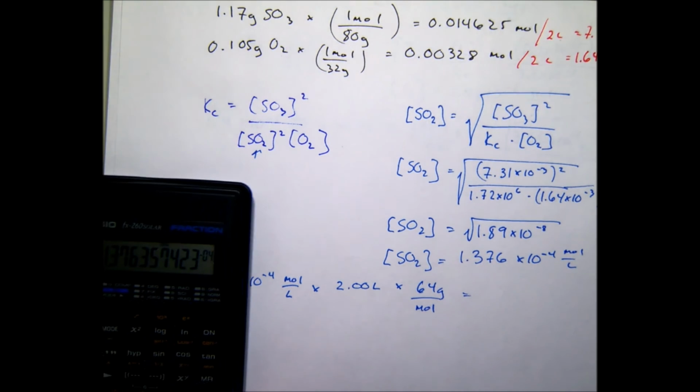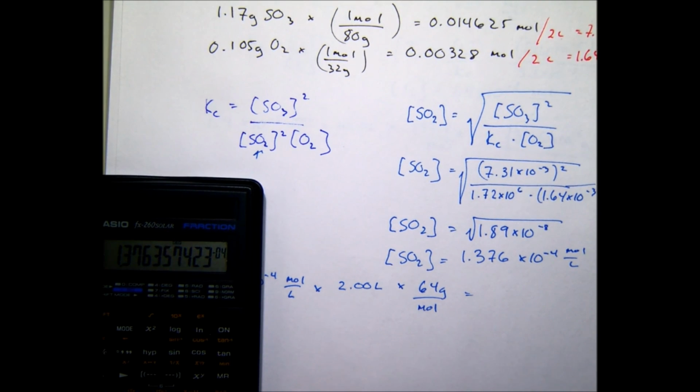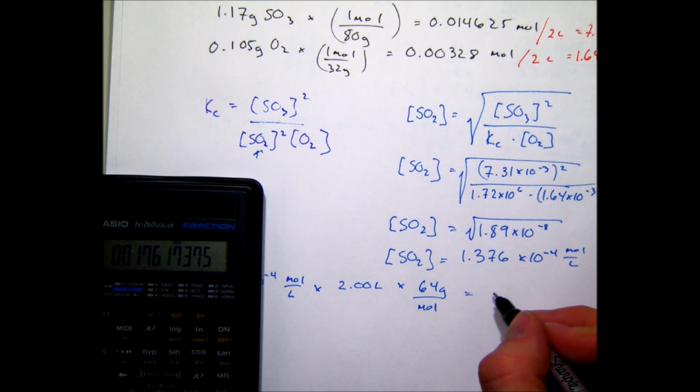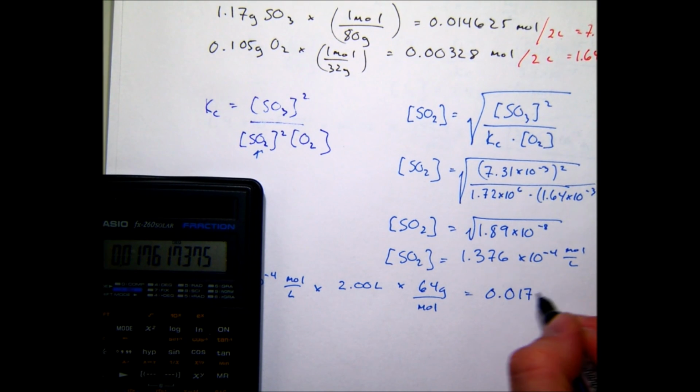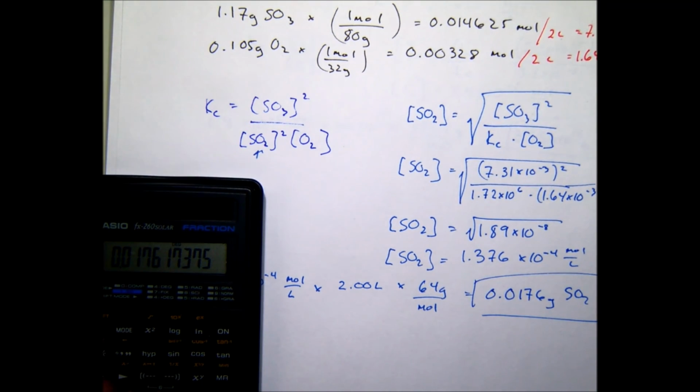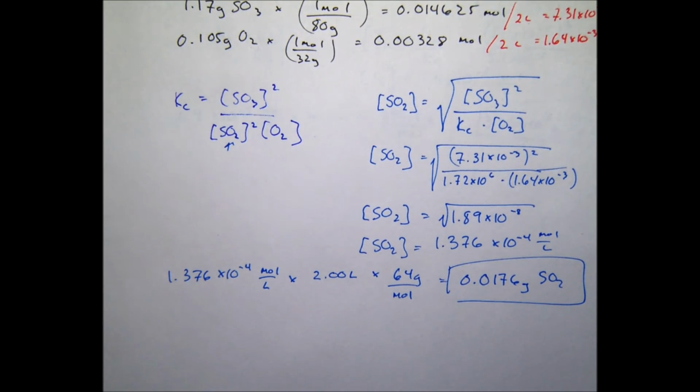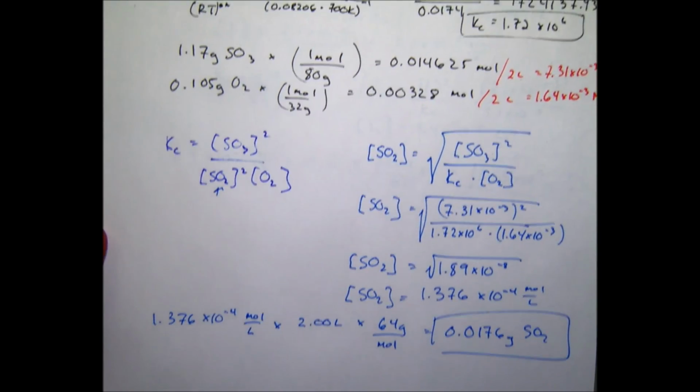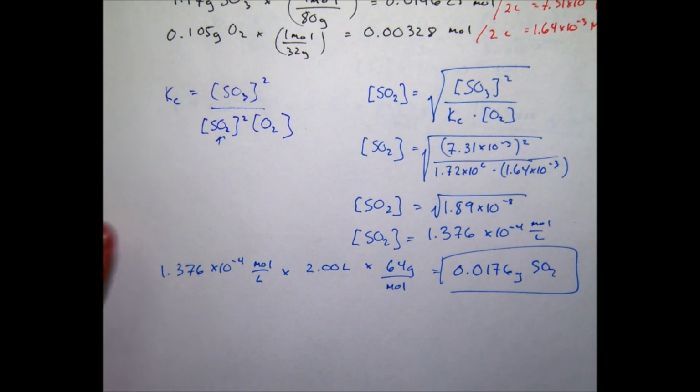So times 2 times 64 equals 0.0176 grams of SO2. And that is our final answer. Again, normally you would not have to worry about balancing the equation, but it is always something good that you should check.